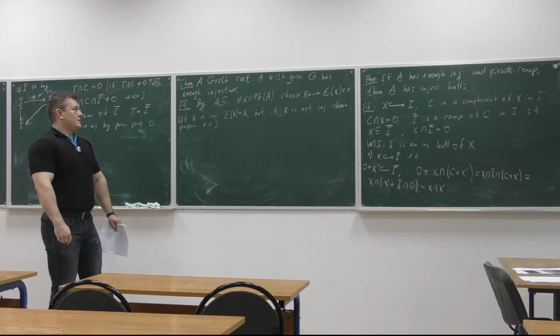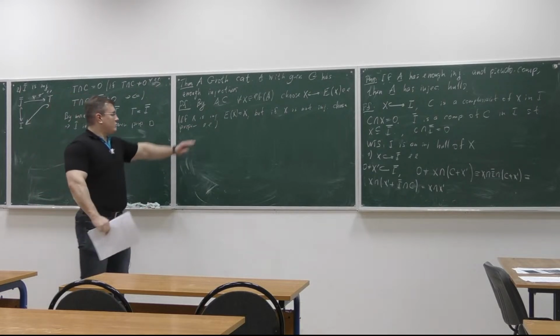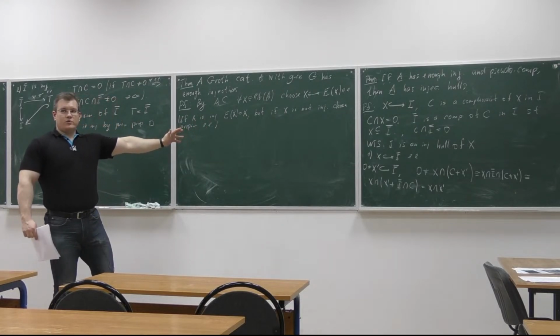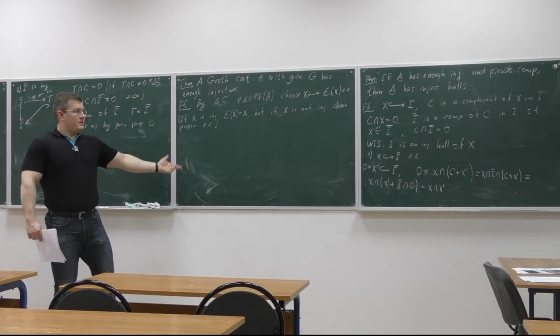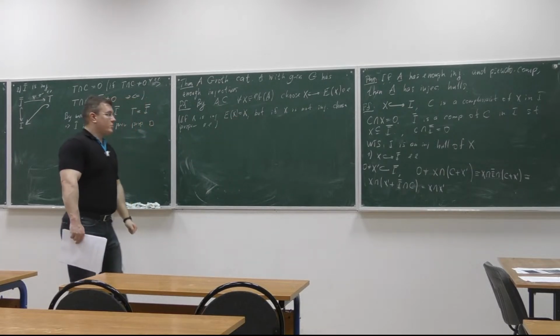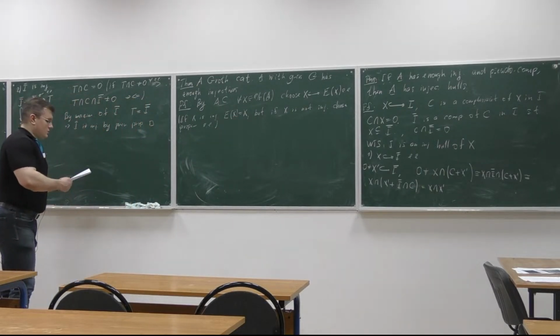Well, this is exactly what I have here as a comment. An object is injective if and only if there are no proper essential extensions. So for injectives, I just don't do anything. And if it's not injective, there is a proper extension, so I choose one of the proper extensions.